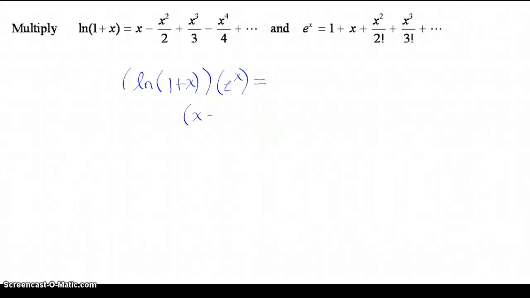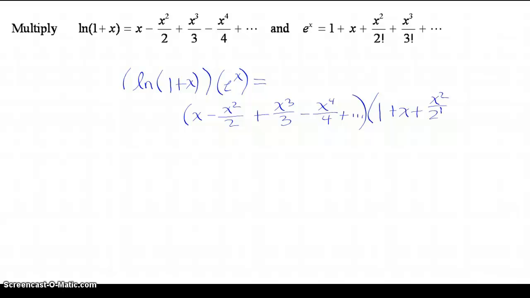I would take the power series for the natural log of the quantity 1 plus x, and I would multiply it term by term with the power series expansion for the other function. Here it is, e to the x. But just as in multiplying multiple terms in any set of polynomials, we have to be really meticulous here.